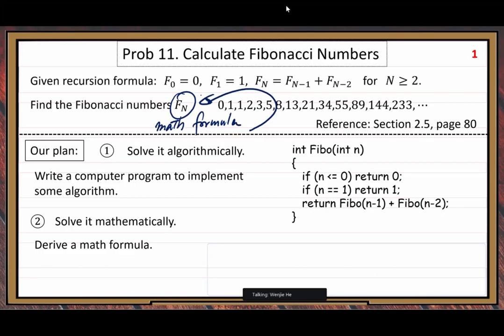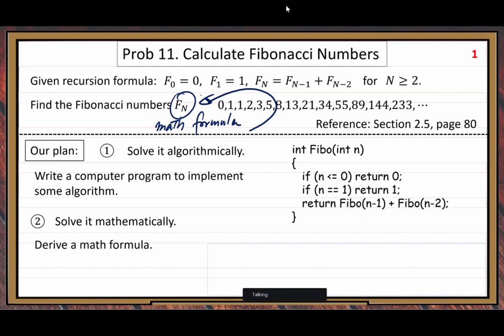So the first idea: can we write a simple recursive function, fib of input parameter n, with the first two base cases, and the main case returning the expression of the recurrence relation, fib of n minus 1 plus fib of n minus 2?